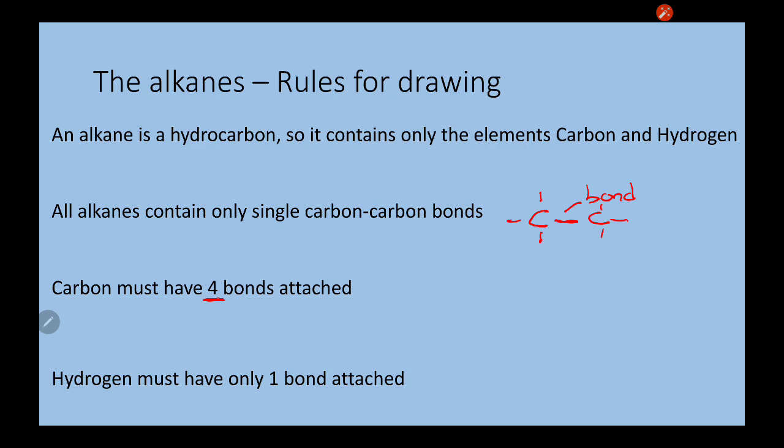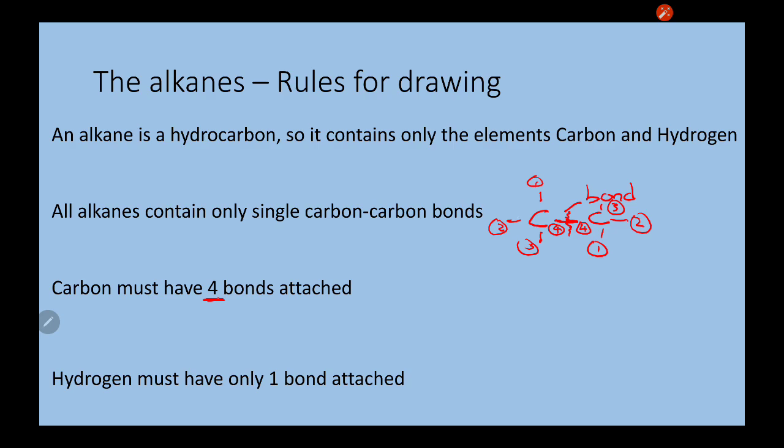If you count, that's bond 1, bond 2, bond 3, bond 4, and in this one there's our bond 1, 2, 3, and this one here is 4. And if you can imagine, this is where the bond actually happens, in the middle between these two. So that's how these 2 carbons are attached.